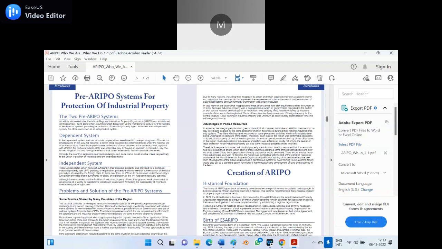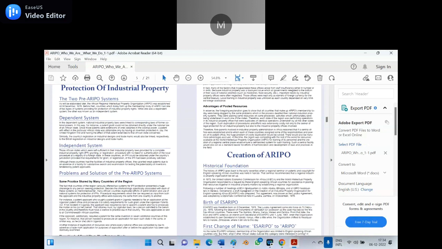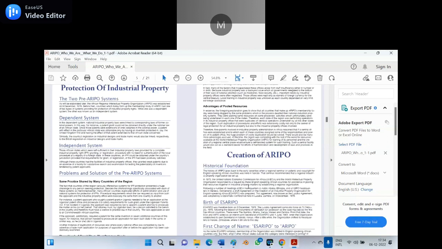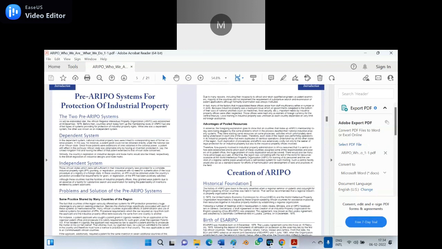Or we do one thing: can we increase the font so that it is visible to you? They have given the two pre-ARIPO systems, and in the side headings we can read the dependent system, independent system, problems and solutions of the pre-ARIPO systems. Then we come to the creation of ARIPO.